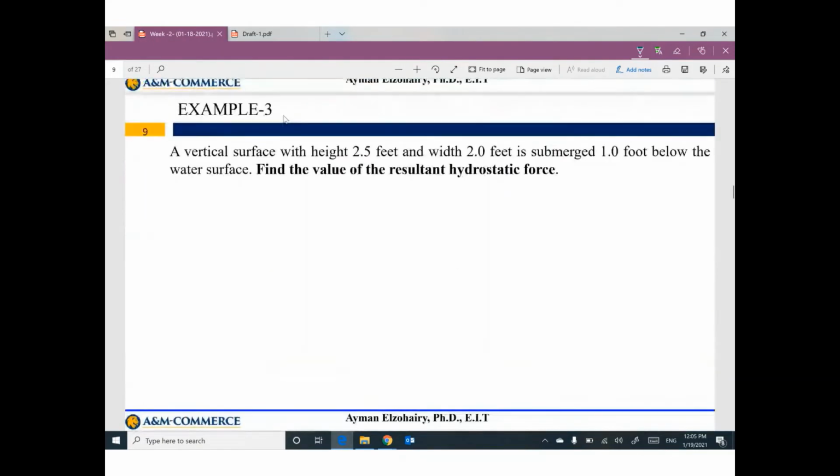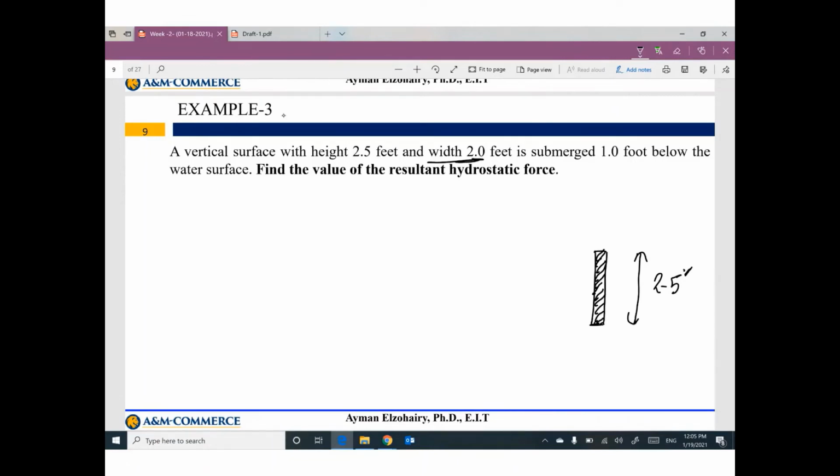Another example. We have a vertical surface like this, with height 2.5 feet and width equal to 2 feet.